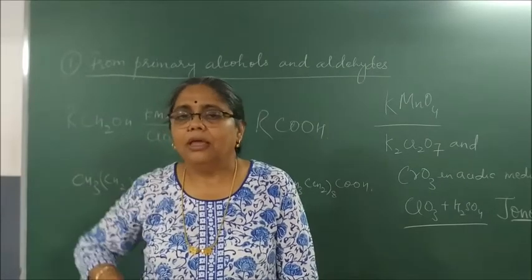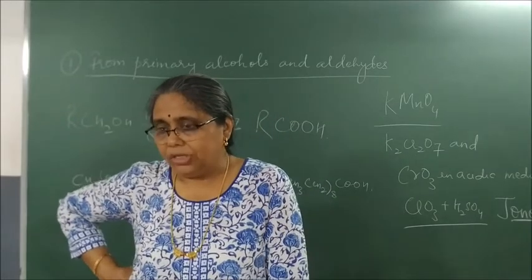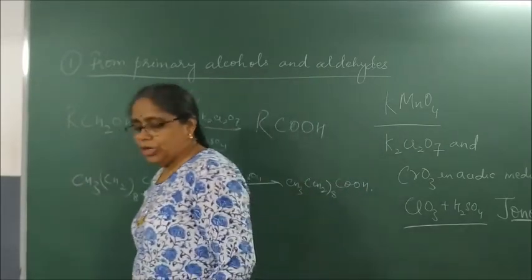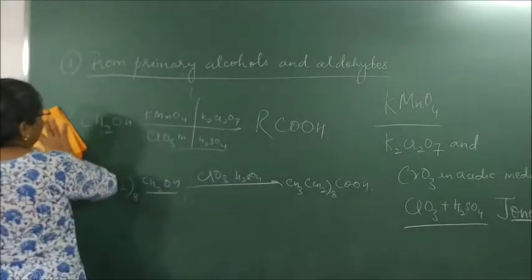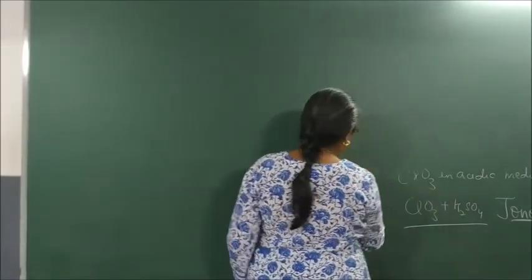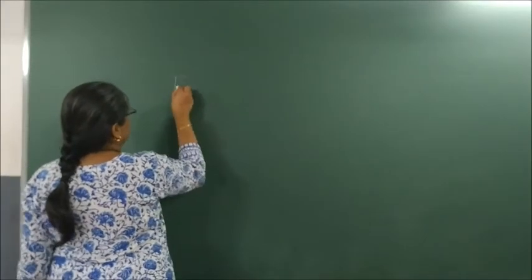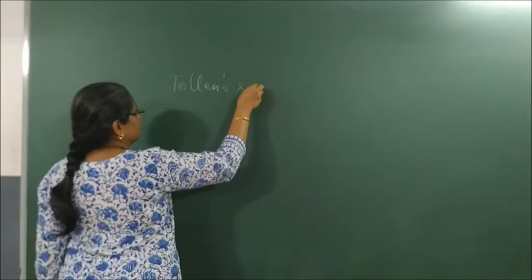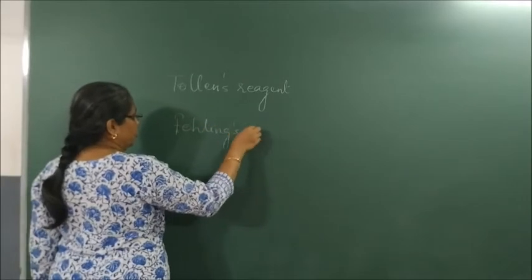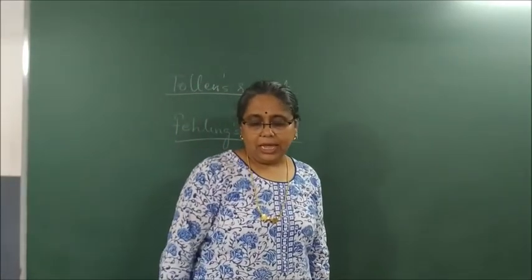The next point, please write. Even mild oxidizing agents like Tollens reagent, which is called ammoniacal silver nitrate, and Fehling solution, oxidize aldehyde to acids.